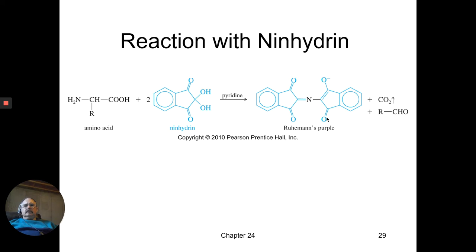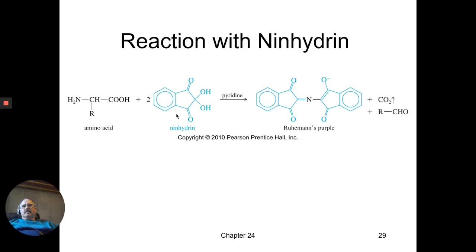Okay, this is a method primarily of analysis of amino acids. If we separate amino acids, say using paper chromatography or thin layer chromatography, we can visualize the amino acids by adding this reagent called ninhydrin.